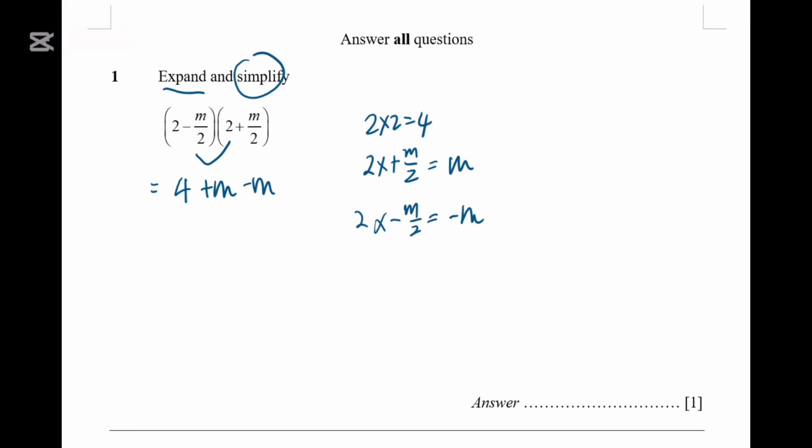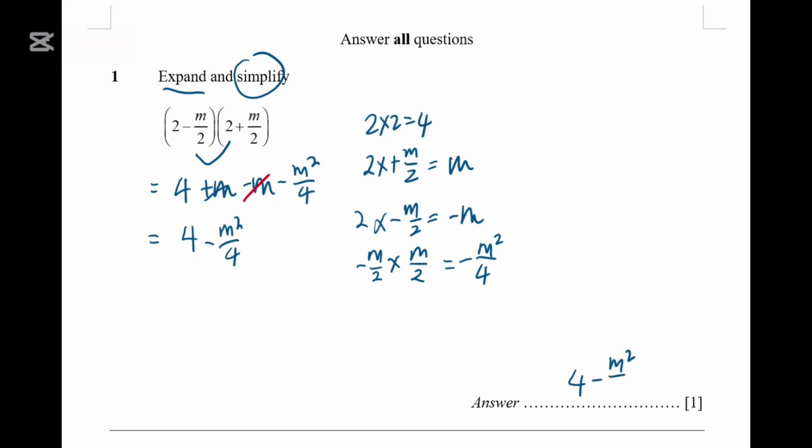And then afterwards I will take negative m over 2 times positive m over 2, which will give me negative m squared over 4. Okay? And in total, if I were to summarize everything, the plus and minus m cancel. And that will give me 4 minus m squared over 4.